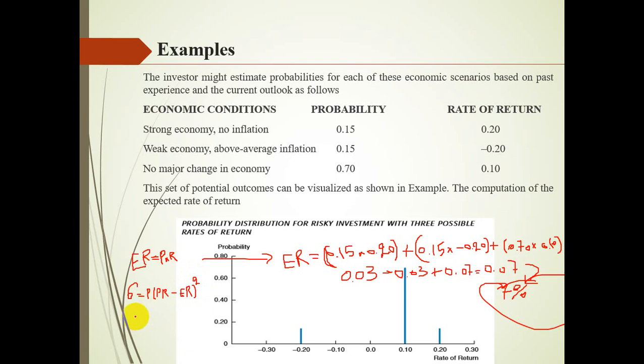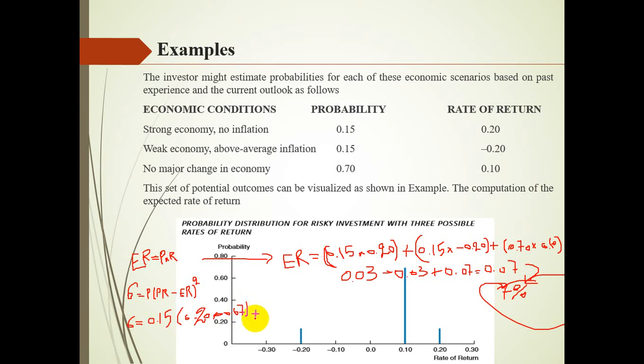So now, what happens to calculate variance? My probability is given for the first outcome as 0.15, right? Multiplied by the rate of return, which is 0.20, minus expected return 0.07, squared, right?